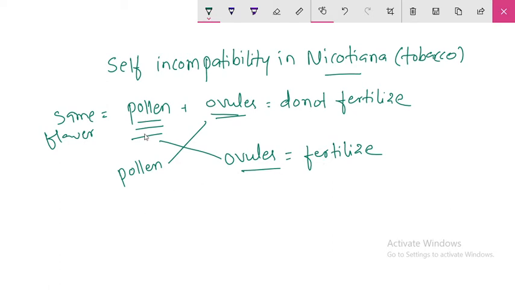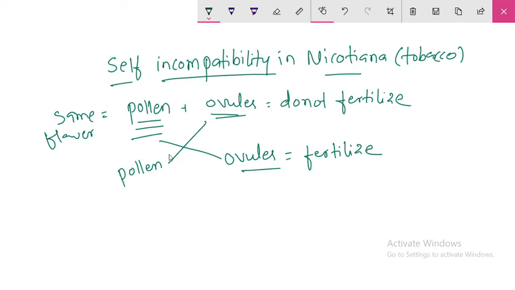So that means the pollens and ovules of the same plant do not fertilize. That means they are self incompatible. Incompatible means they are not suitable to each other for fertilization.